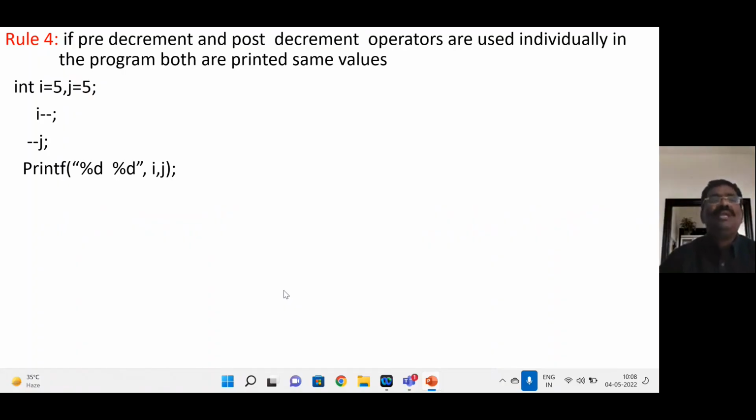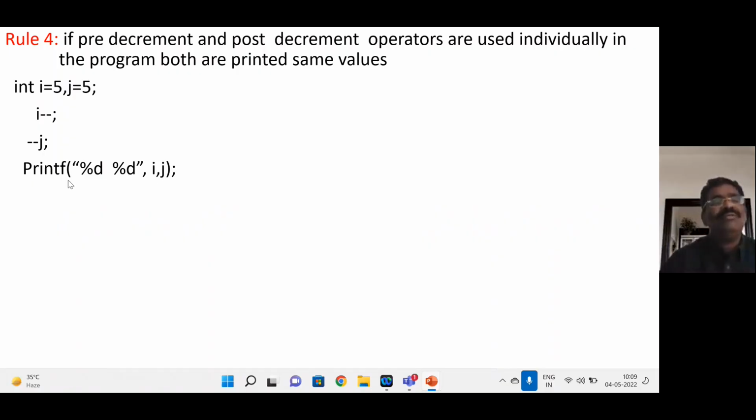Fourth rule. If pre-decrement or post-decrement operators are used individually in the program, both print the same values. For example, int i = 5, j = 5. i--, this is the post-decrement, and --j, this is the pre-decrement.